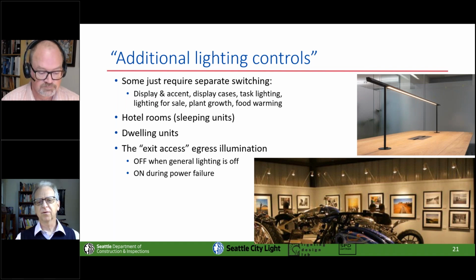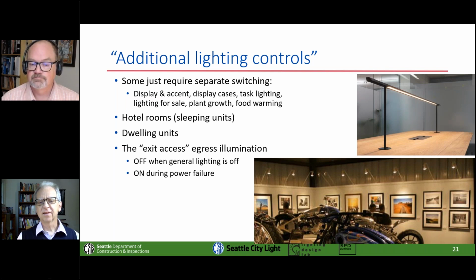And for those of you who are not building code geeks, the exit is the stairwell, you know, the fire rated stairwell, or the door that goes from the inside to the outside to get out of the building. Everything between your desk and that door is the exit access.